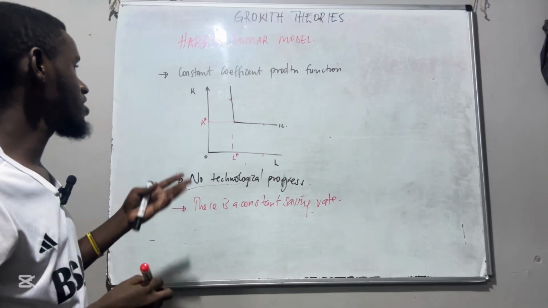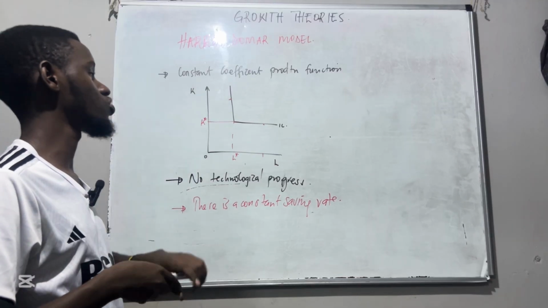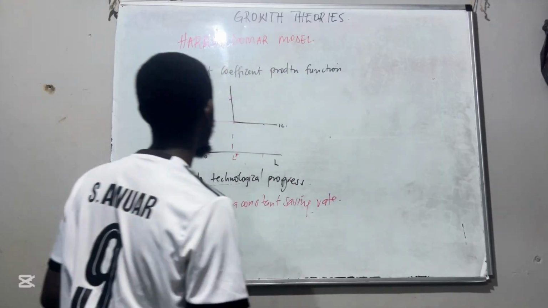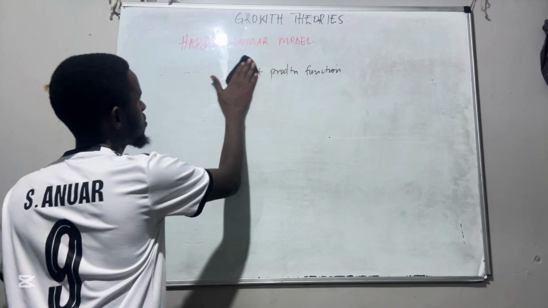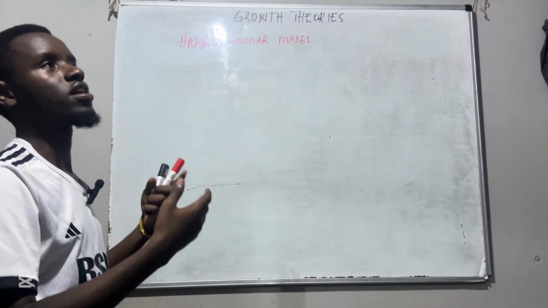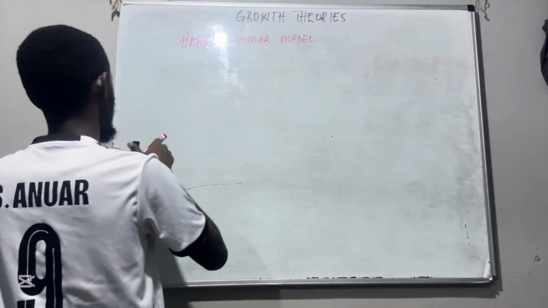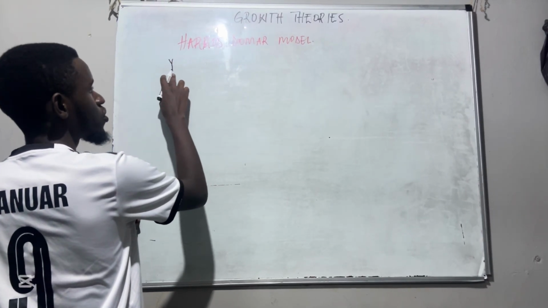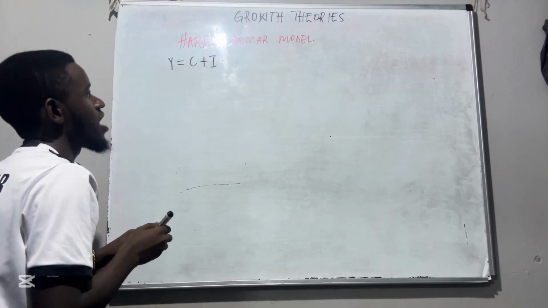Yes, members, I think these assumptions will help us dive into how we can prove the Harrod-Domar equation. Now let me take you through, without any delay, how we can derive it. The Harrod-Domar equation was picked from the Keynesian approach of income analysis, where under Keynesian theory, output, which is economic growth, is a function of consumption plus investment under a closed economy.